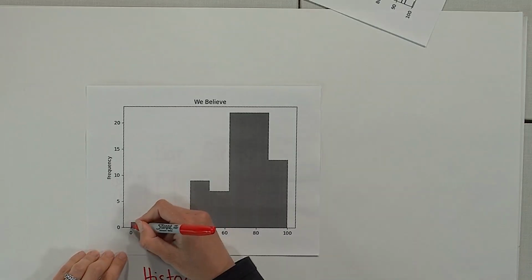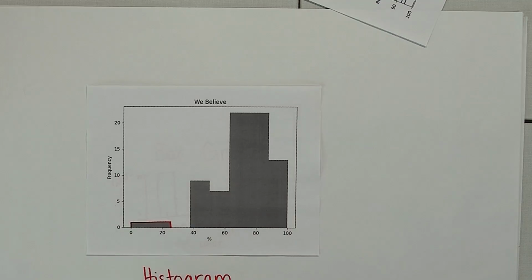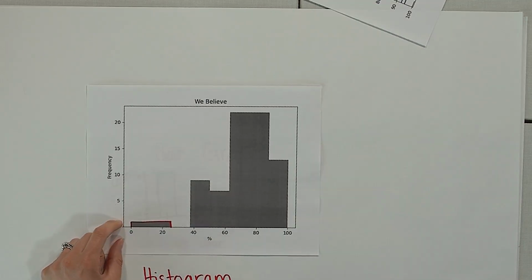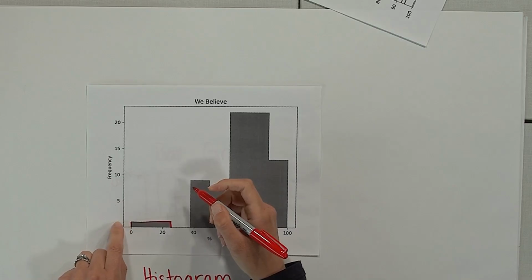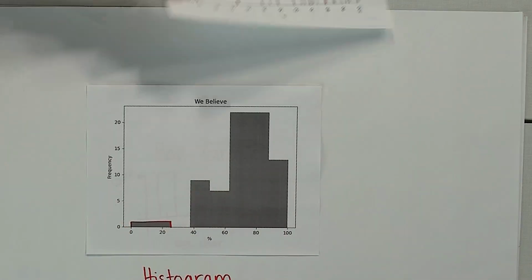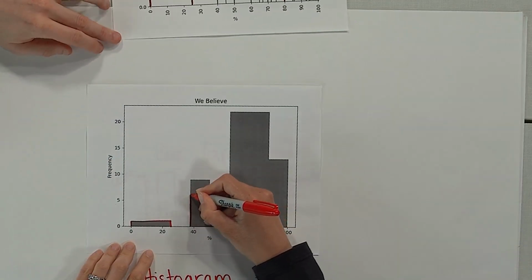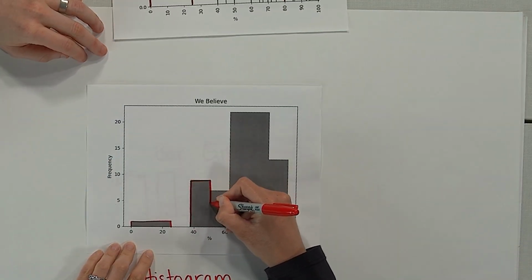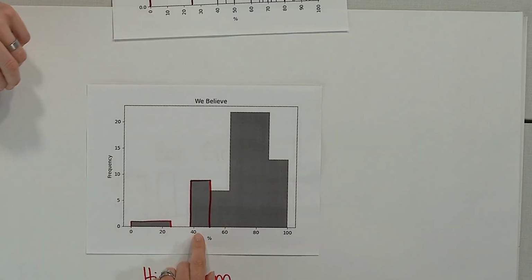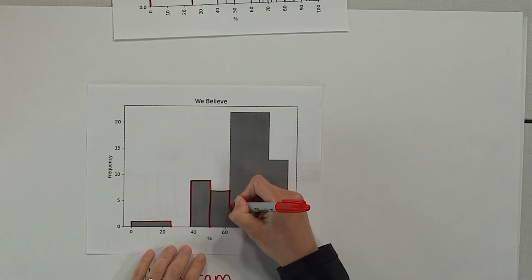So we can see that this first bar goes from about 0 to just over 20, and the frequency, we can figure out this exact number in Python, but it looks like it's around 1 or 2. And that matched up with what we saw here for the bar chart. Yeah, exactly. And then we have this second bar right here, and the frequency is about 10. It looks like that's between 40 and 50, and then we have the third bar, etc.